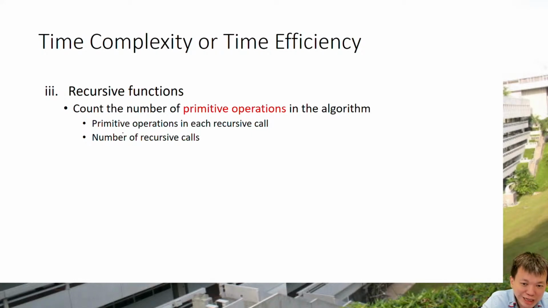We need to figure out how many primitive operations each recursive call takes first, and then multiply by the number of recursive calls. That is the total number. So I need to know how many primitive operations in each recursive call, and then find out how many times this particular recursive function is recursively called. Then I can find out the total number.